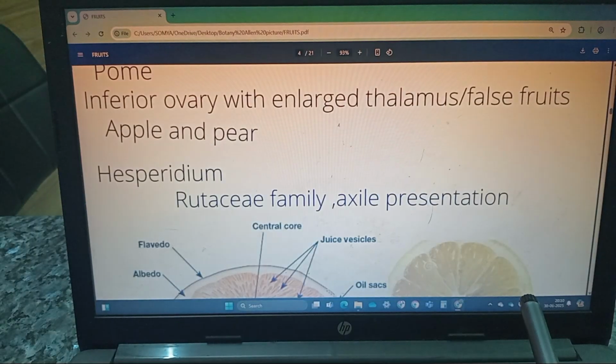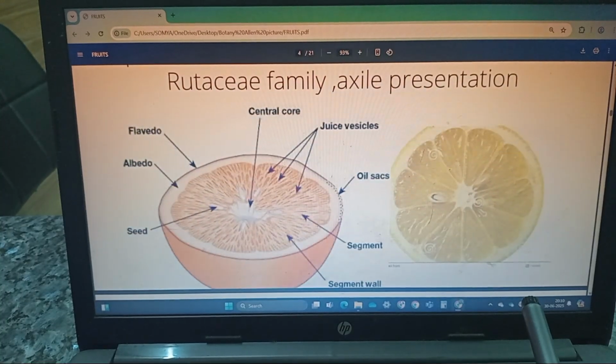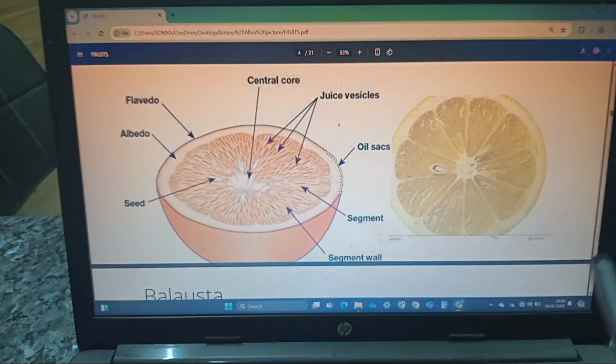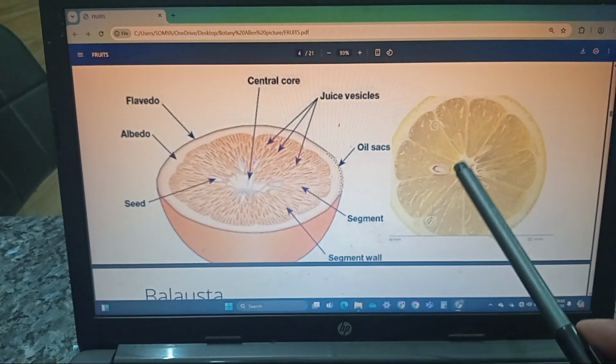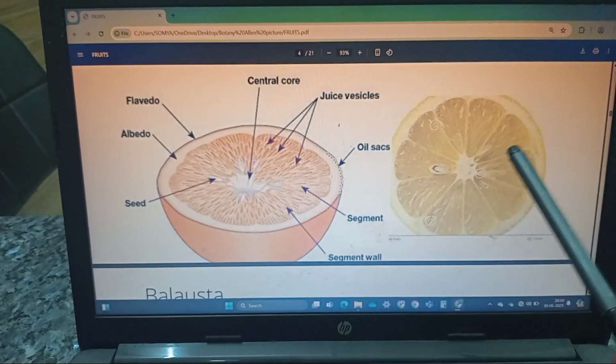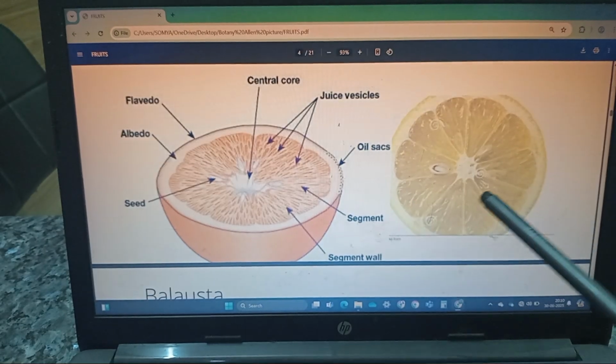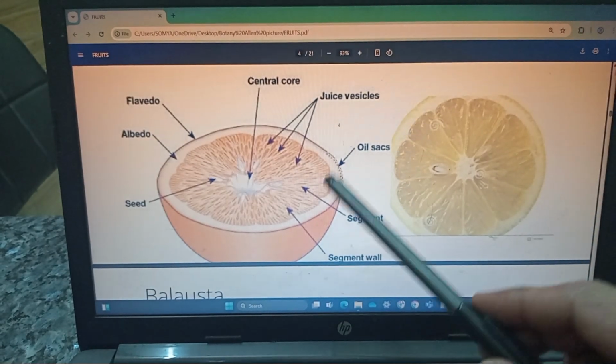Third is pome. We saw that pome is when the thalamus is enlarged, so they are false fruits. So apple and pear are pome. Next is Hesperidium. All the citrus fruits are Hesperidium with axile placentation. This is your pericarp, which has oil glands.